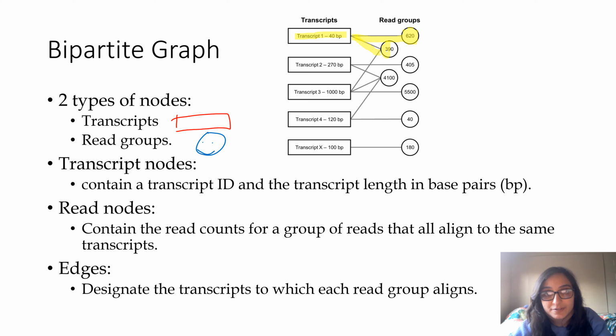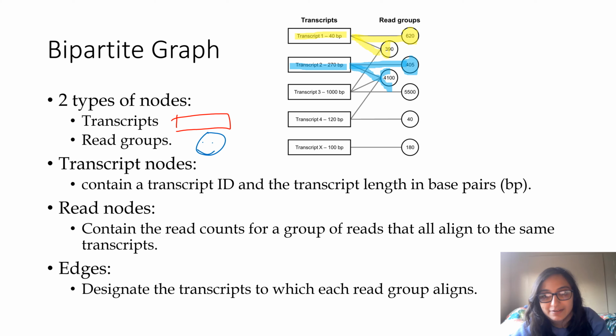So transcript 2, it's the only one here that aligns to 405. So it's got 405 all to itself over here. But then it's also aligning here to this 4100.